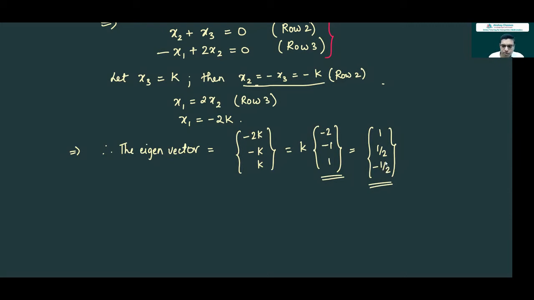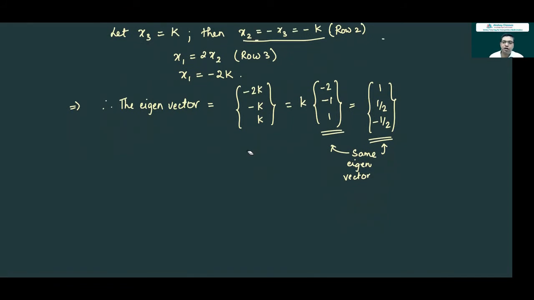When you get problems in the exam, you have to see that these two are same eigenvectors. They are not different. You are just multiplying with a constant. That's all. Depends on how they give in the exam the answer, you have to write that way.